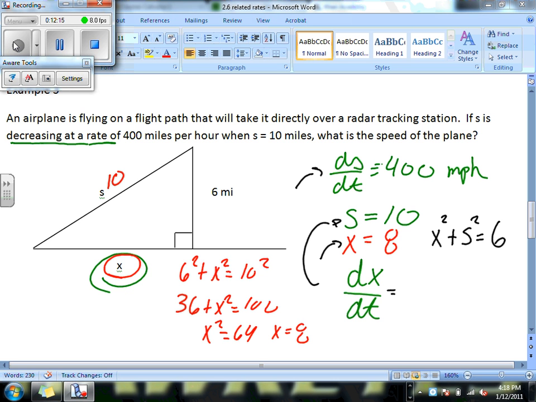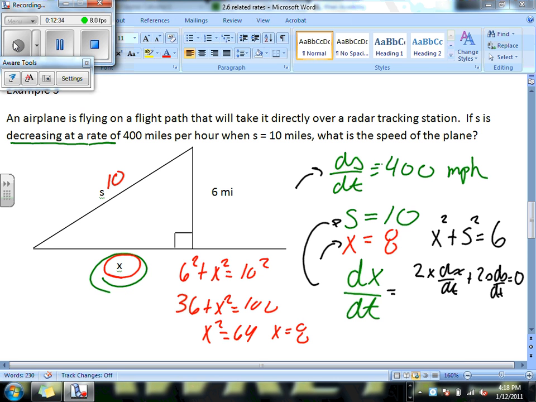So let's take the derivative with respect to t. I'm going to have 2x dx/dt plus 2s ds/dt, and obviously the derivative of a constant is just 0.